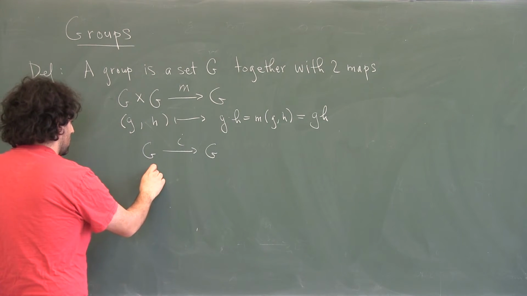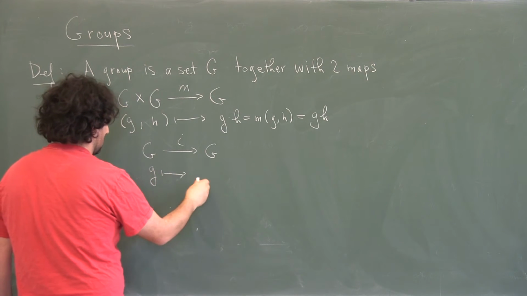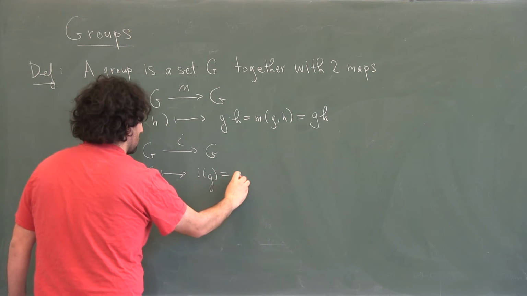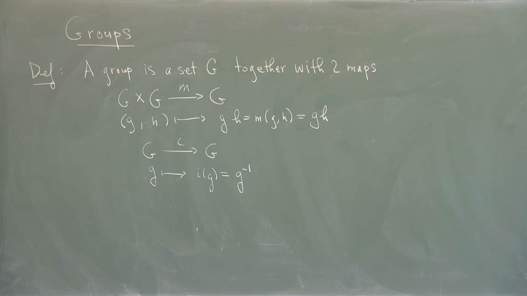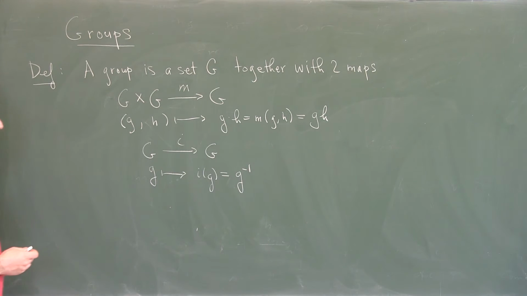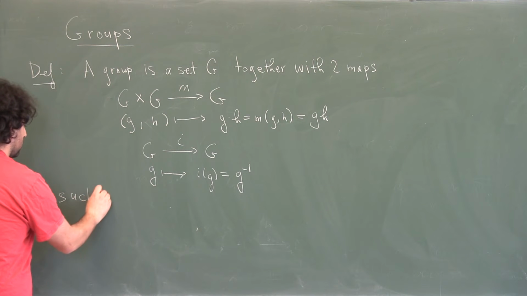This sends an element G to I of G, and here the standard notation is G to the minus 1. Now these two maps are required to satisfy some axioms.